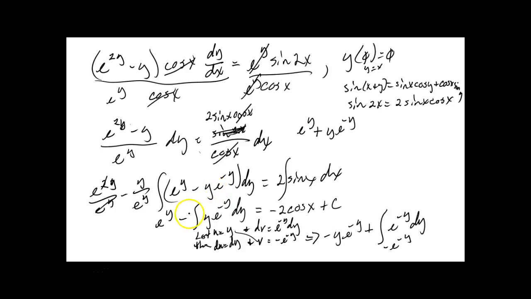But this minus also makes that a minus, no, but that became plus again e to the minus y. That's everything on the left now. On the right, we've got is equal to minus 2 cosine x plus c.